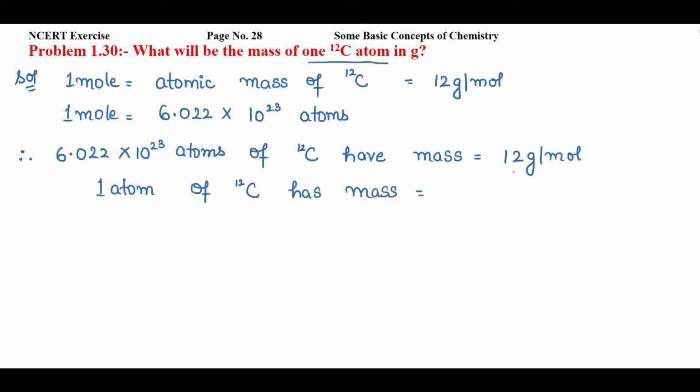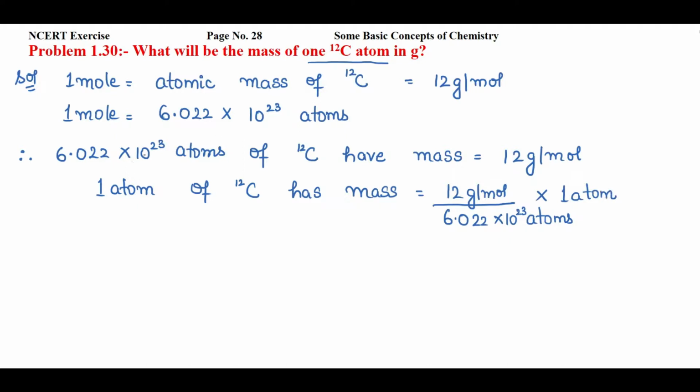equal to, obviously this value is taken in numerator, the value on the right side divided by the first value on the left side, which is taken in denominator. So it is 6.022 into 10 raised to power 23 atoms into one atom.